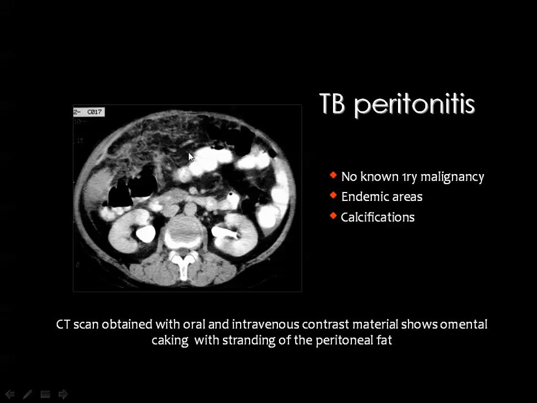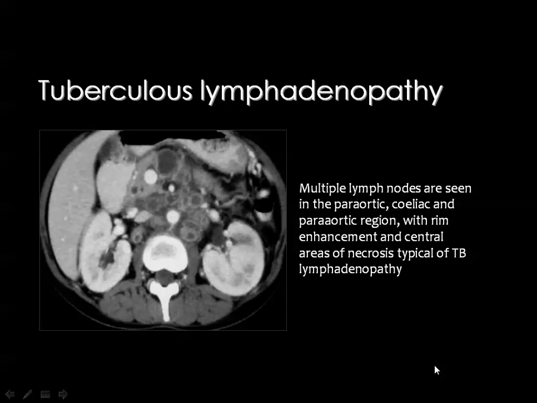Then you see here a stranding and the smudging of the peritoneal fat, and you see minimal fluid in the peritoneal cavity, and as I have said, this may draw your attention to the possibility of primary malignancy, but in cases there is no known primary malignancy and the patient is living in an endemic area known for TB, and the presence of calcium either in the lesion or in the intra-abdominal lymph nodes may lead to the suspicion of tuberculous peritonitis.